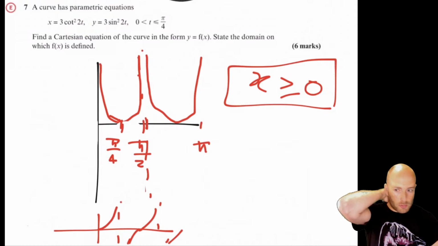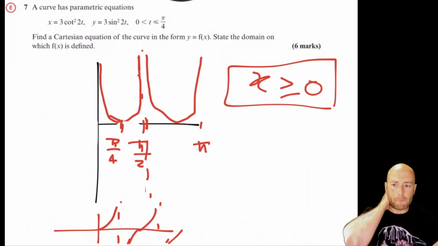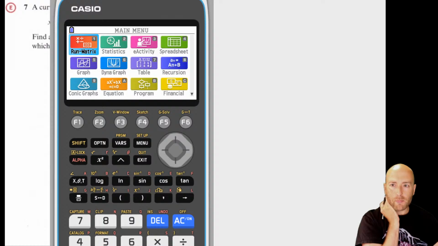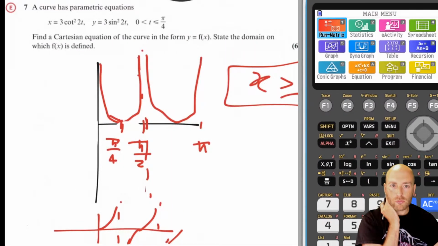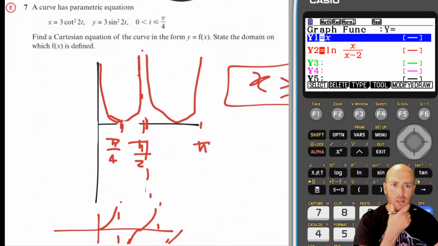Let's bring it up and have a quick look. There we go. So we are sketching. Let's delete all this.